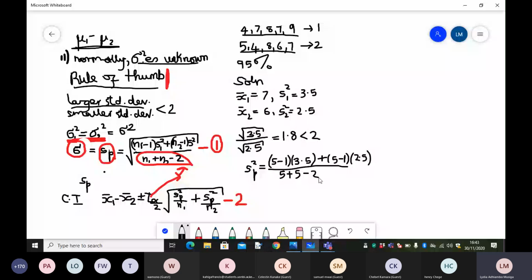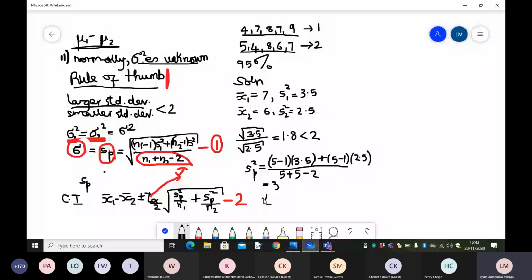Now, we have x bar 1, x bar 2, SP squared, N1 and N2, but we don't know the value of T alpha over 2.